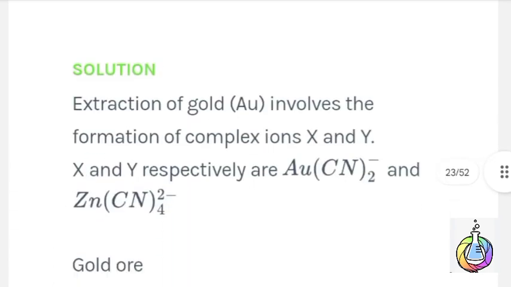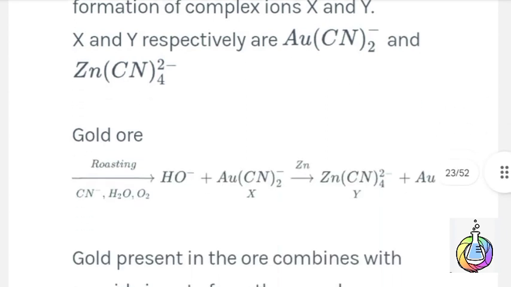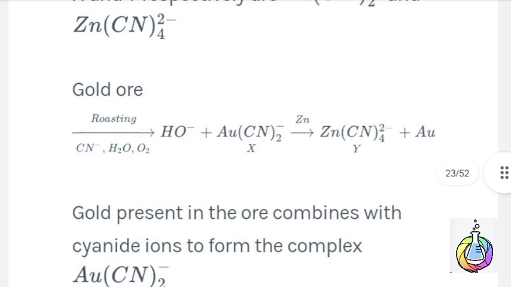Here is the explanation. Extraction of gold involves the formation of complex ions X and Y. X and Y respectively are Au(CN)2 negative and Zn(CN)4 2 negative. Gold ore is roasted in the presence of CN negative, H2O and O2, giving HO negative plus Au(CN)2 negative, and in the presence of zinc, Zn(CN)4 2 negative plus Au.